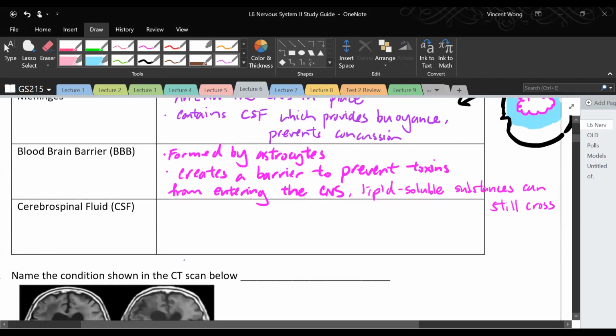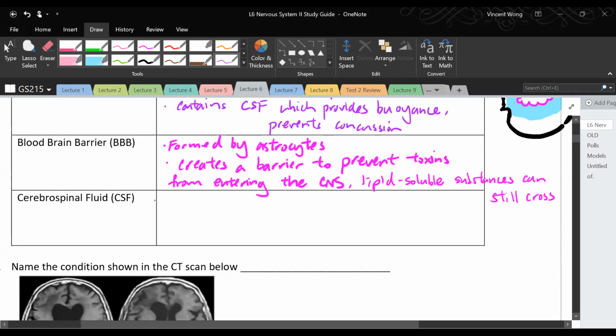Next one is the cerebrospinal fluid. This is approximately 600 to 700 milliliters per day. It is formed by another type of glial cells. Astrocytes form the BBB, so what about CSF? What cells are responsible for producing CSF? Anybody remember?